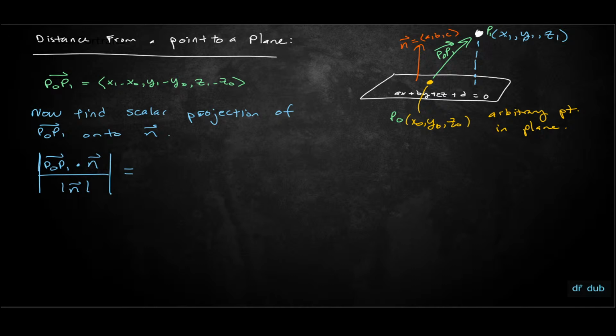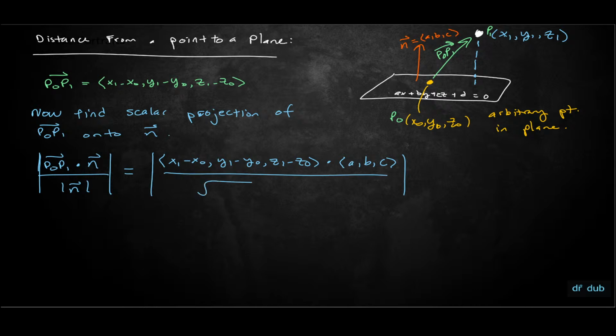So the dot product is going to be the vector x1 minus x0, y1 minus y0, z1 minus z0, dotted with a, b, c, all over the square root of a squared plus b squared plus c squared.